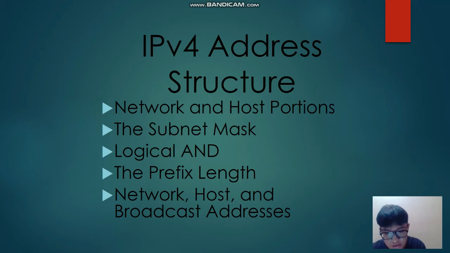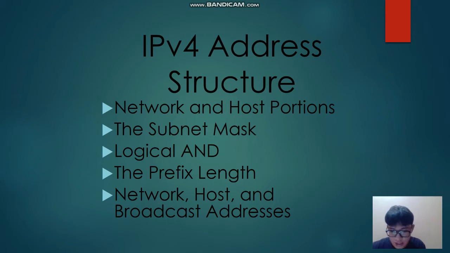Understanding binary notation is important when determining if two hosts are in the same network. Recall that an IP version 4 address is a hierarchical address that is made of a network portion and host portion.